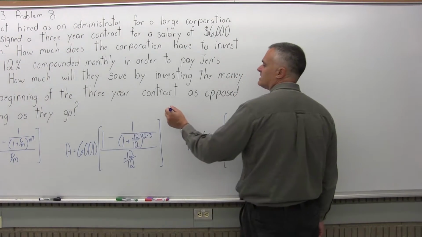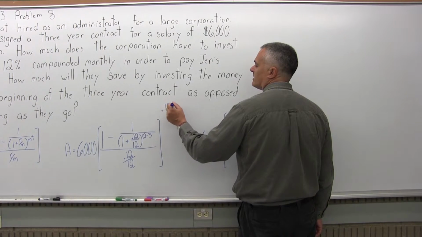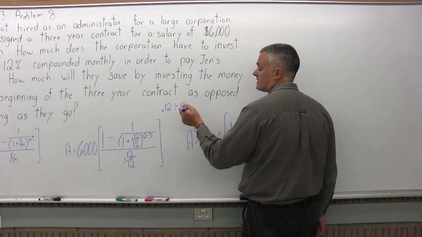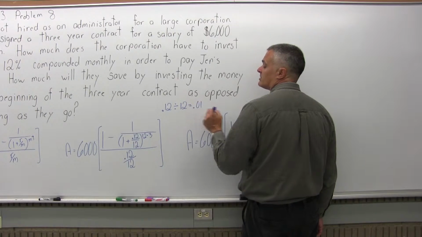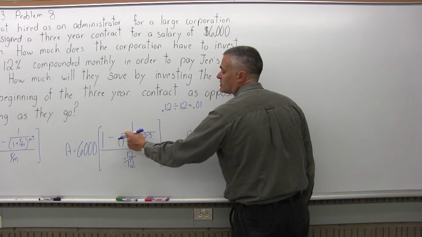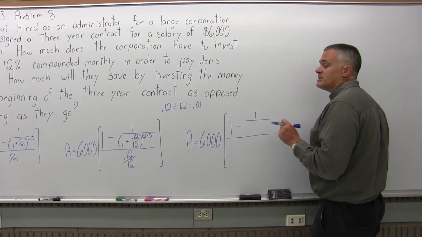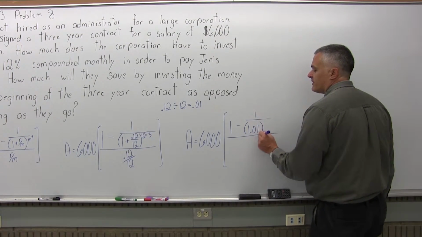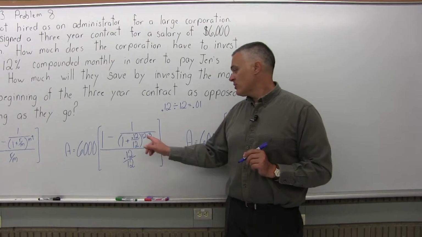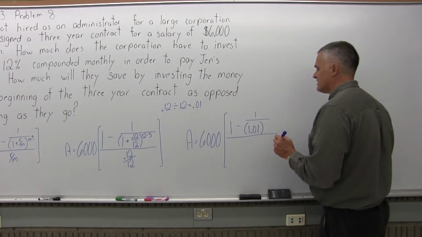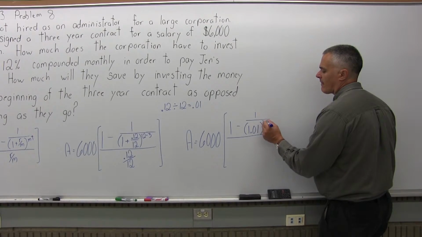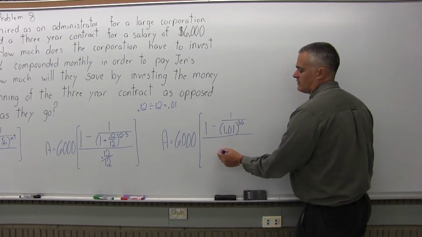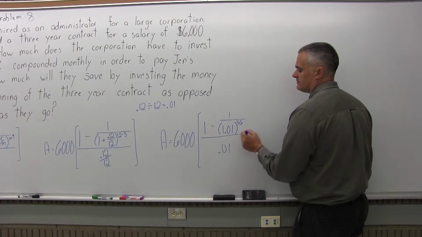And if you don't see it easily, just with your calculator, enter the top, which is 0.12, divided by the bottom, which is 12 with no decimal. The calculator will tell you it's 0.01. And there's a plus 1 in front of that. So 0.01 plus 1 makes, in the parentheses, 1.01. And the exponent on that, 12 times 3, is 36. And in the denominator of the brackets, I have 0.12 over 12, which is also 0.01.